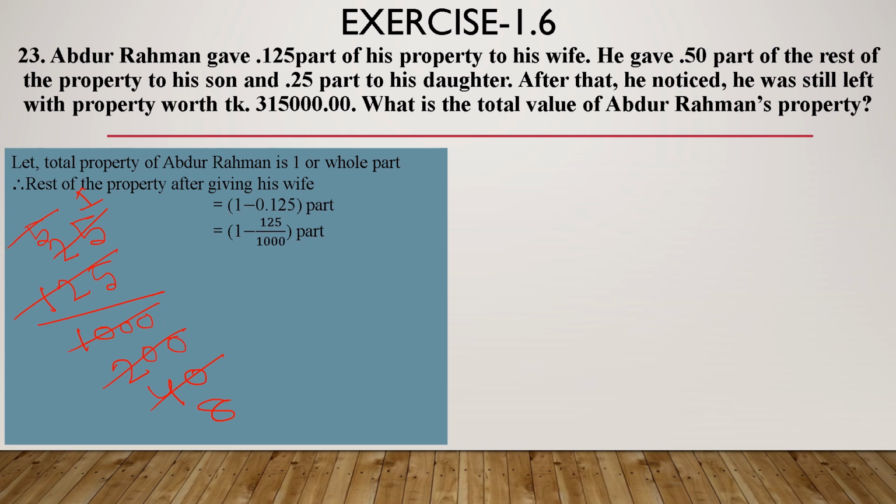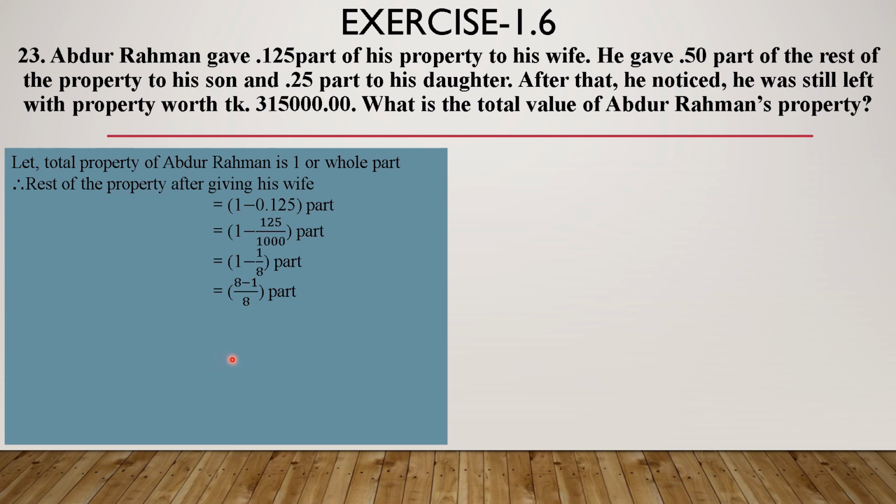This is the reducing part. Now you can see 1 minus 1 by 8, and I have already shown you how we can get 1 by 8. So if we subtract, the LCM here is 8, and 8 multiplied by 1 is 8, minus 8 divided by 8 is 1, and 1 multiplied by 1 is 1.